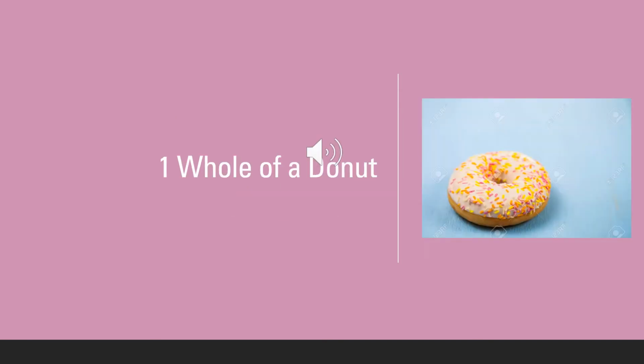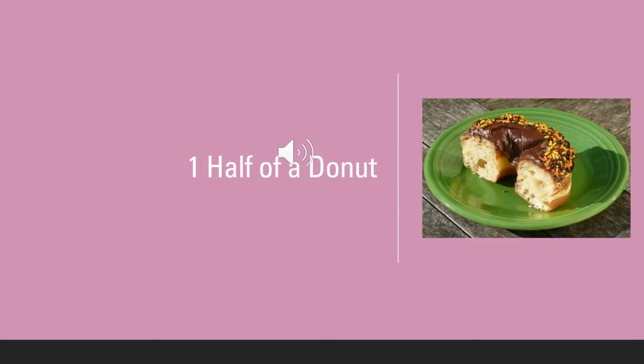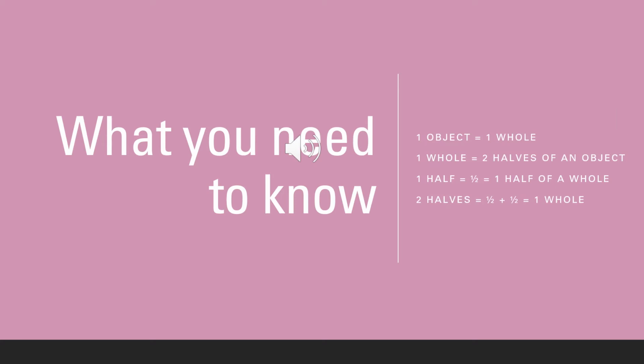This is one whole of a donut, meaning that this is one object. This is one half of a donut, meaning that this is now two separate objects of one whole. What you need to know is that one object is equal to one whole.